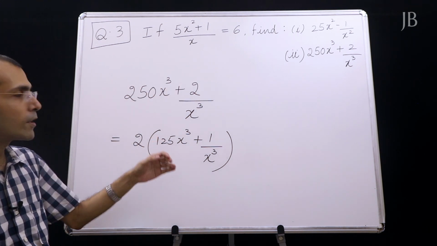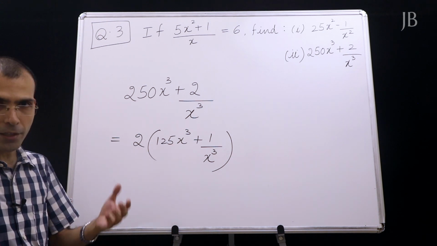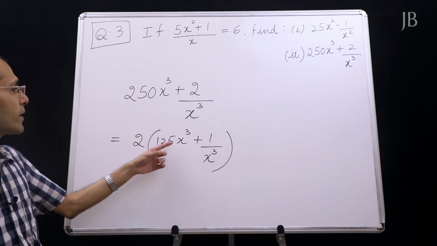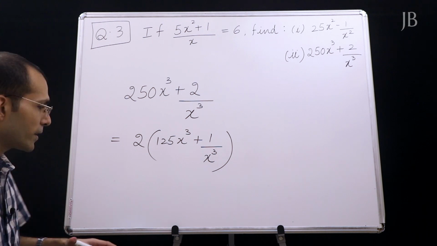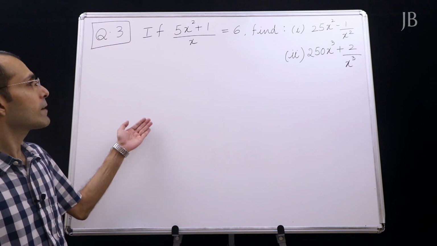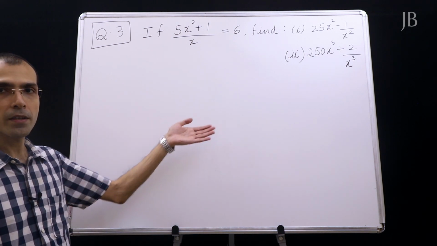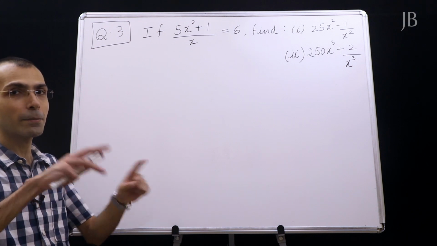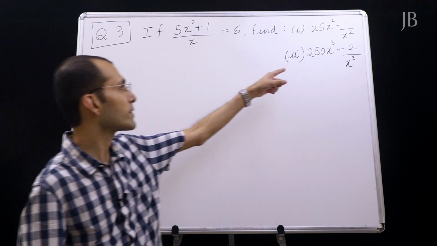So first what we will do is we will try to find out the value of 125x cube plus 1 upon x cube. So as we discussed, we will have to find out 125x cube plus 1 upon x cube first and then multiply by 2 to get this.